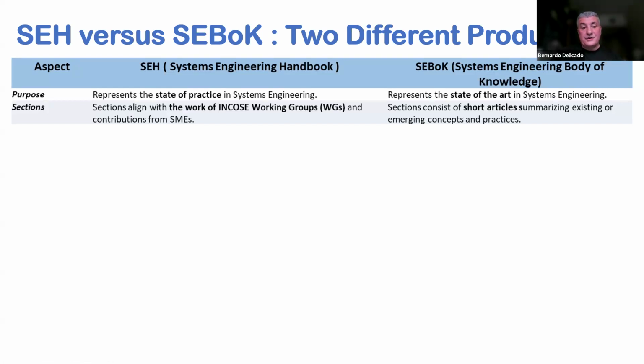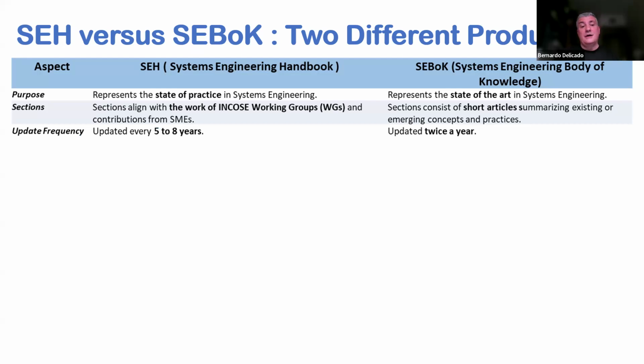In terms of sections, in the handbook they are aligned with the work of the INCOSE working groups and contributions from subject matter experts. In the case of the SEBoK, sections consist of short articles summarizing existing or emerging concepts or practices.